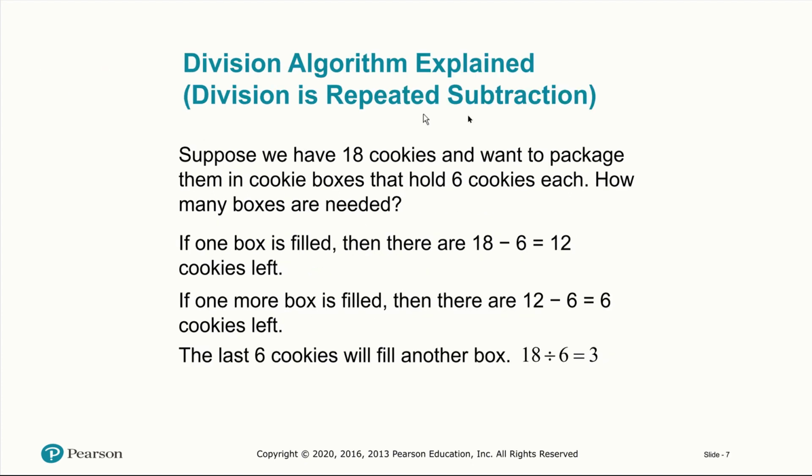Finally, we have the repeated subtraction model. So suppose we have 18 cookies, and this time we want to package them in cookie boxes that hold 6. How many boxes are needed? So this is when we just start subtracting. So we say, what if we take 1 6 away from 18? That leaves 12. Can I take any more 6s away? Yeah, I can take 1 more away, and that leaves me 6.